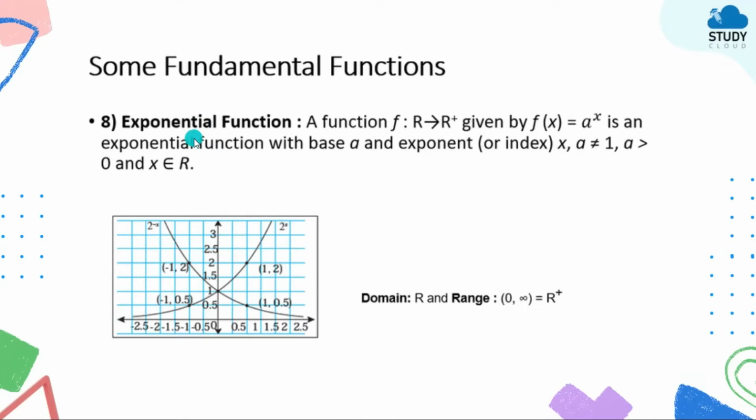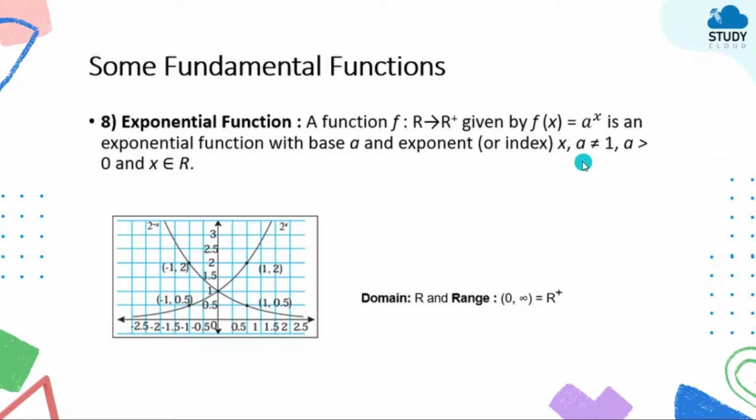The eighth function is the exponential function. Exponents means here we have a base, a number, and the power is a variable. A function f from R to R+ given by f(x) = a^x is an exponential function. Here the base is a and the exponent, we can also call it the index, is x, the variable.